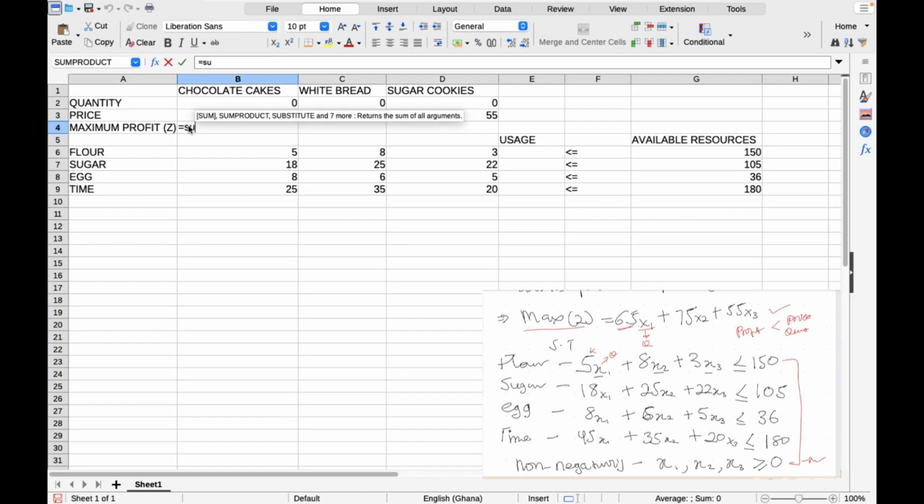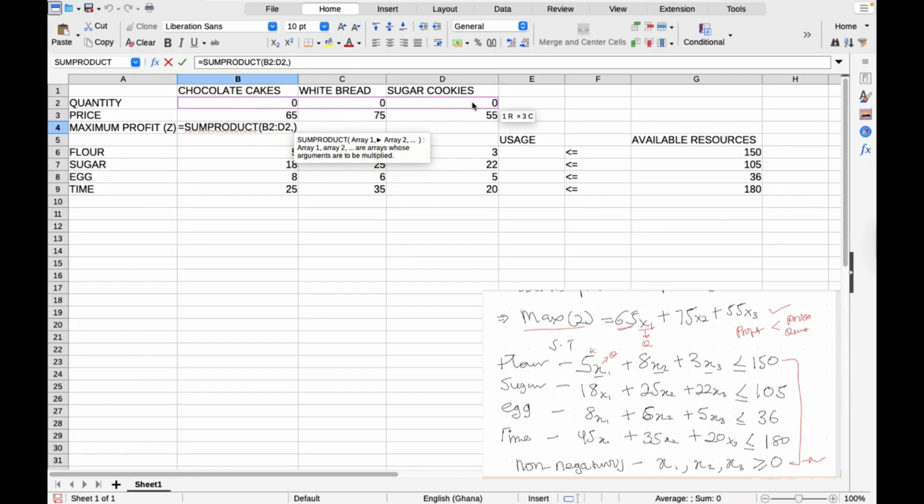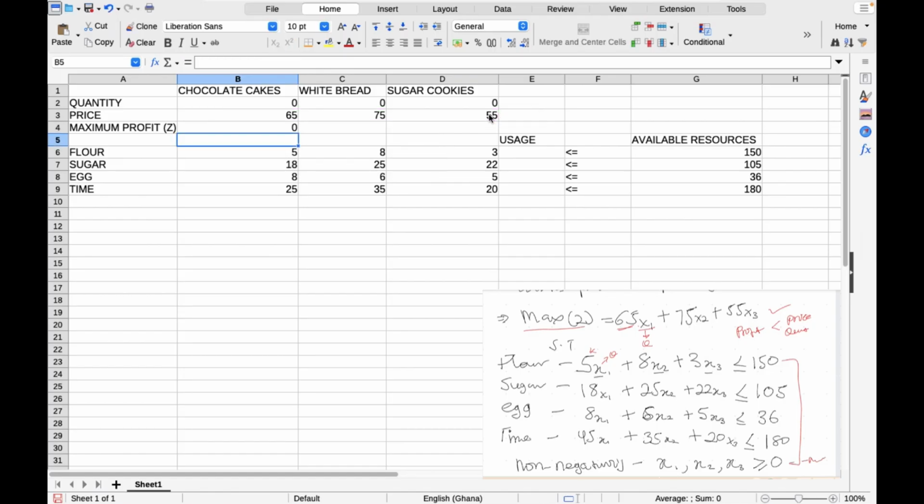So we say it's equal to SUMPRODUCT. The SUMPRODUCT simply means you are adding something and that same thing is being multiplied. So as we are adding, we are multiplying them as well. So we say this quantity, you bring your comma, by the price. So the SUMPRODUCT, since the formula was 65x1 plus 75x2 plus 55x3.